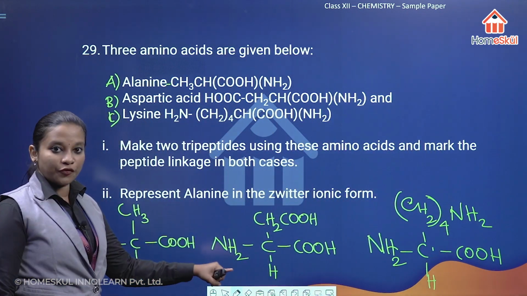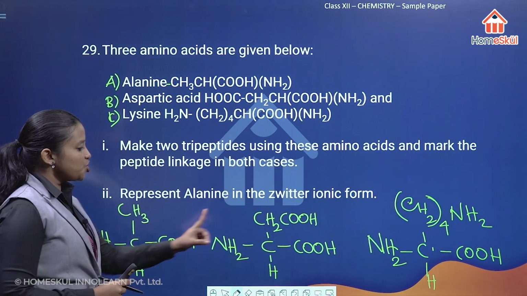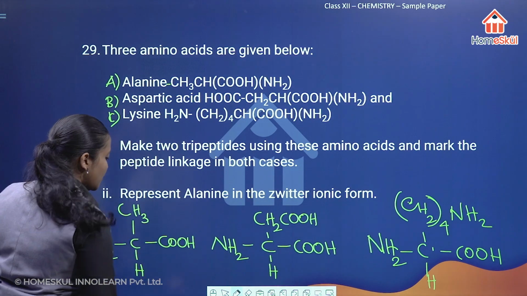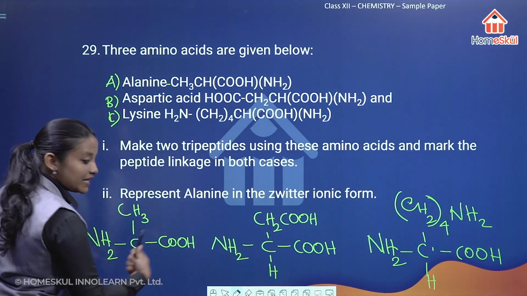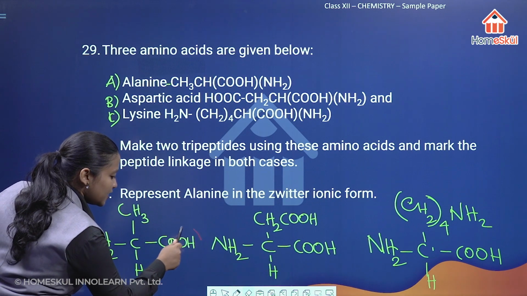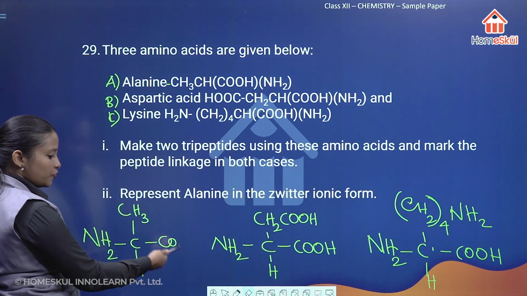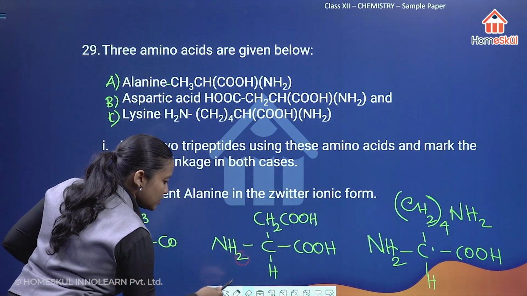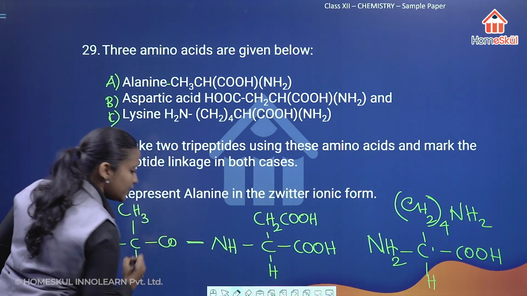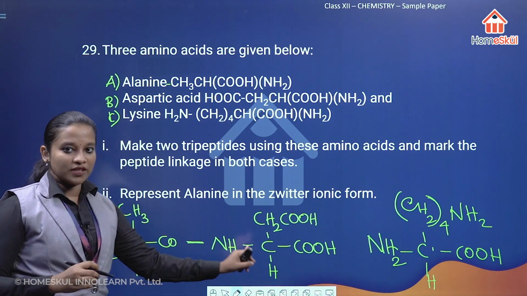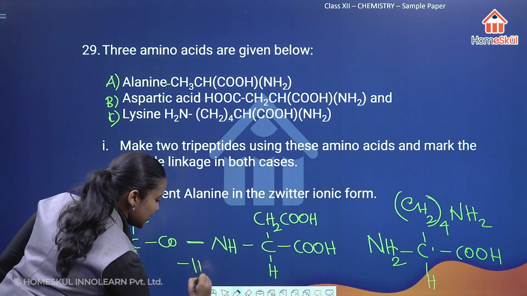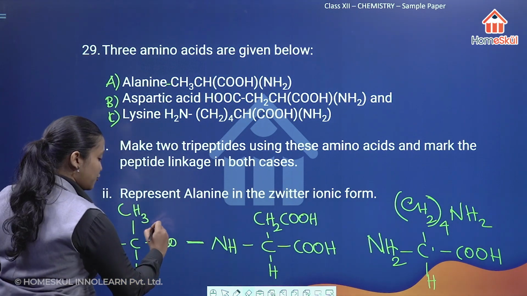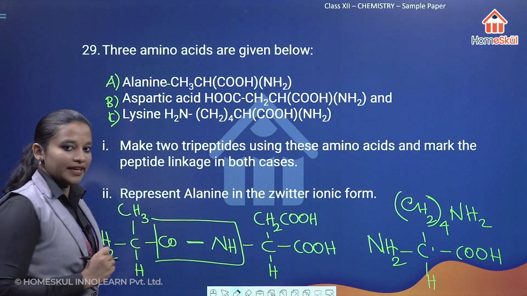Now we have to form a tripeptide by joining these three amino acids. We know how a peptide linkage or peptide bond is formed. The OH from the COOH group of the first amino acid, with the hydrogen from the amino group of the second amino acid, is released as minus H2O, which is eliminated, and forms a CONH linkage.